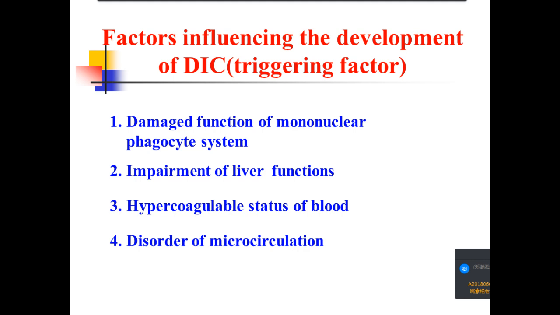Second, impairment of liver function, since some coagulation factors are produced in the liver. Third, hypercoagulable status of blood, including acidosis and pregnancy. Fourth, disorder of microcirculation, for example shock, plasma moving out, viscosity increase, so red blood cells and platelets aggregate. This may lead to DIC. So the triggering factors of DIC include four.